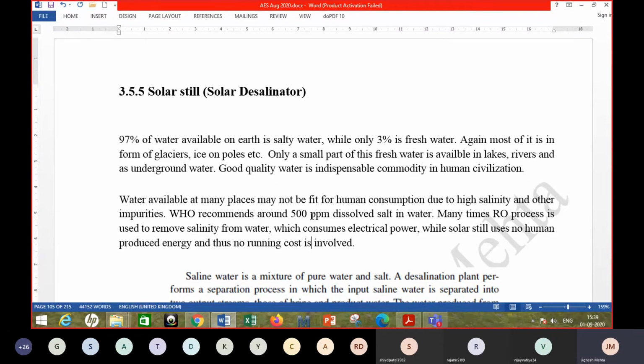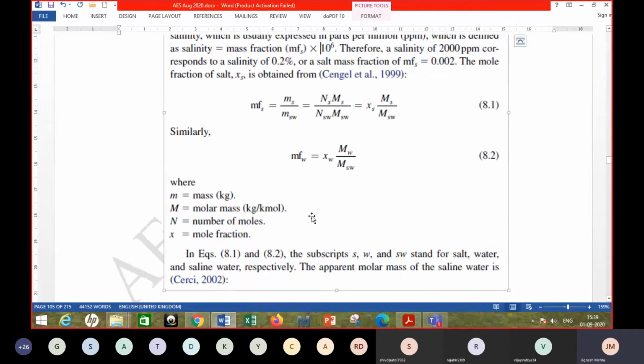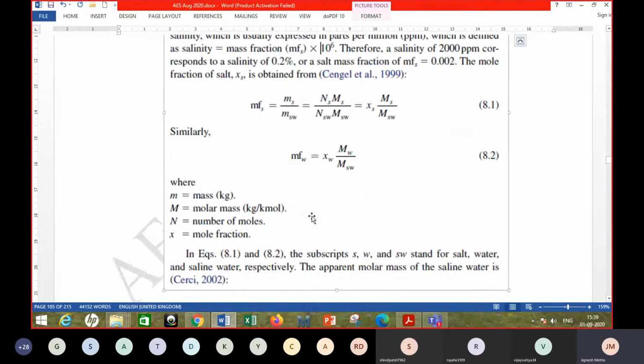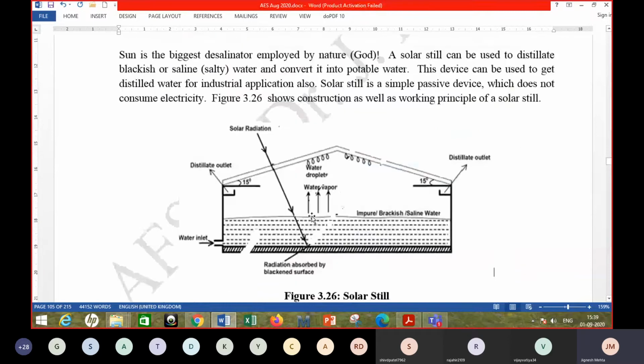Now, if you apply your thought, you will realize that actually the sun is the biggest desalinator of the world, right? It's the heat of the sun which is responsible for evaporation of water from the sea, and it makes clouds and again comes back as sweet water.